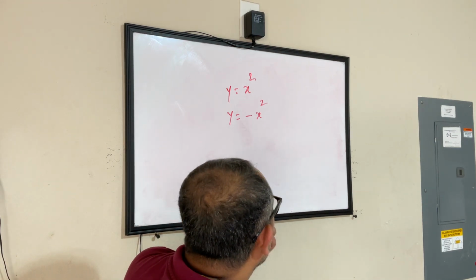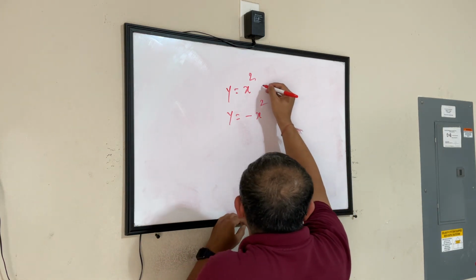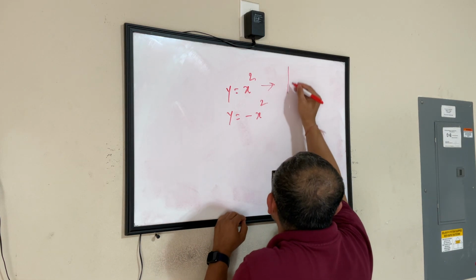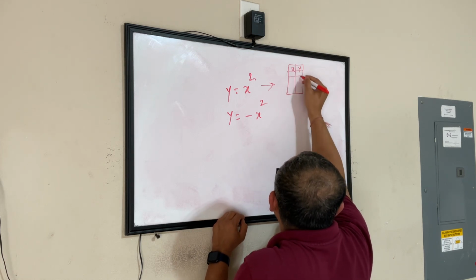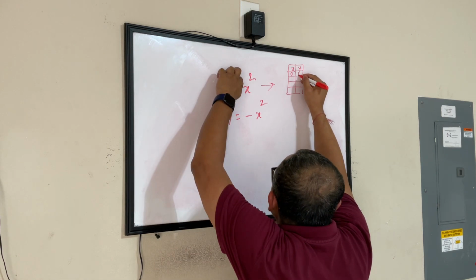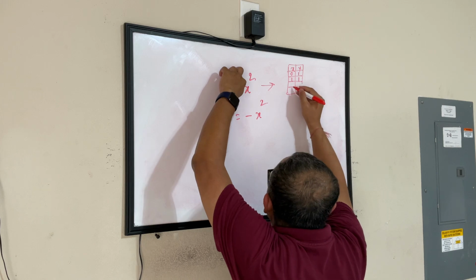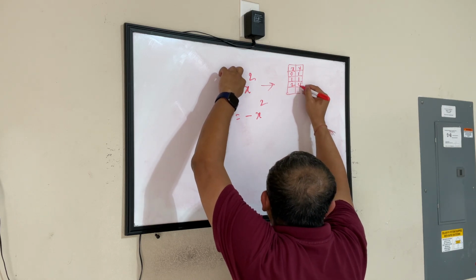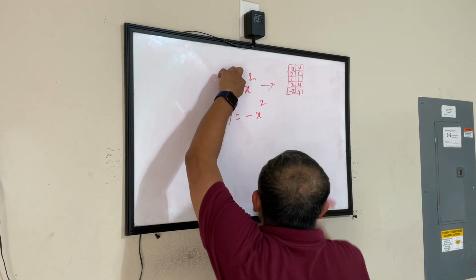So let's not keep any open questions here. Let's look at this one. This is my equation. I will use probably 3 values. X equal to 0 gives me 0, x equal to 1 gives me 1, x equal to 2 gives me 4 for y, x equal to minus 2 gives me 4 for y.